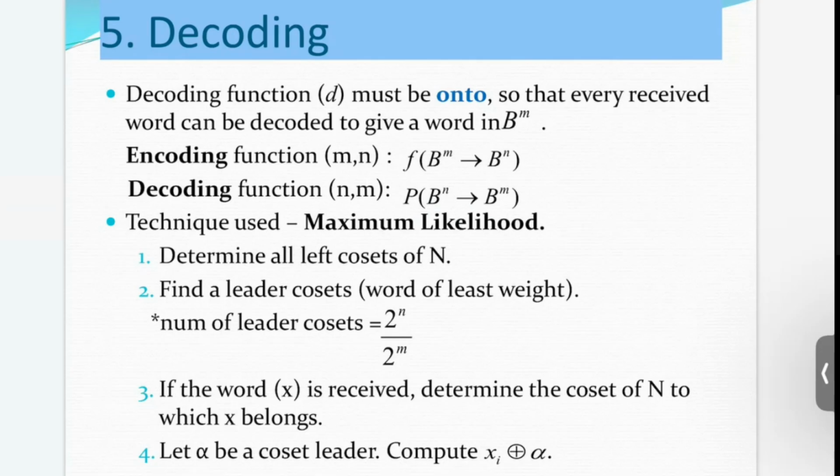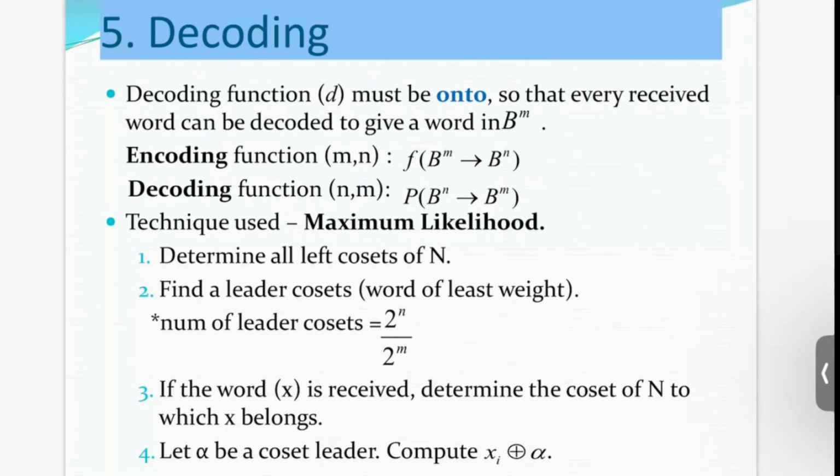So we will use the maximum likelihood technique to decode this. The steps are: first, determine all left cosets of N, then find the coset leader, the word of least weight.